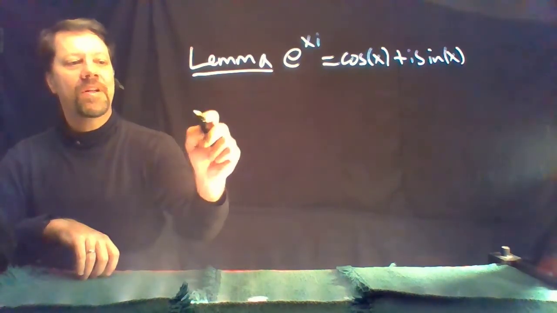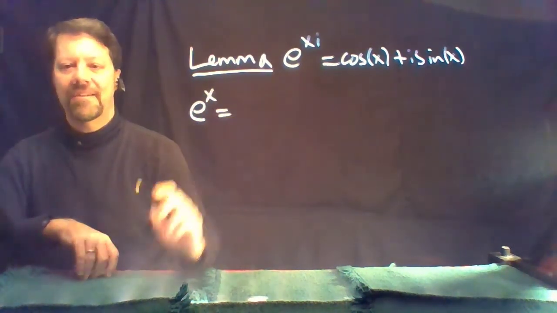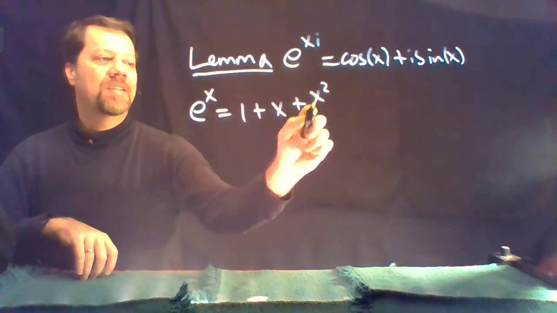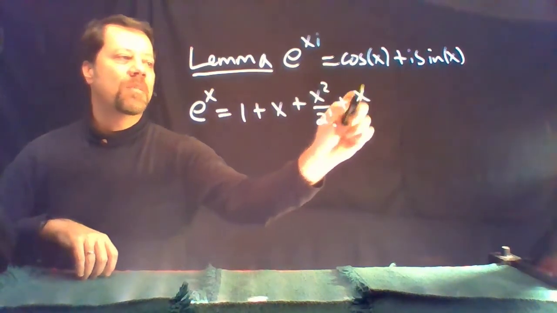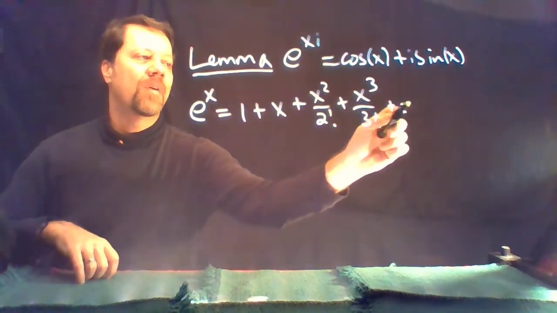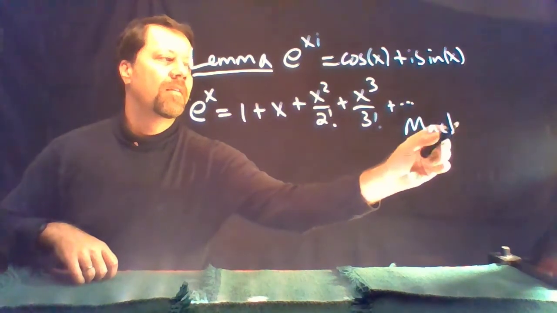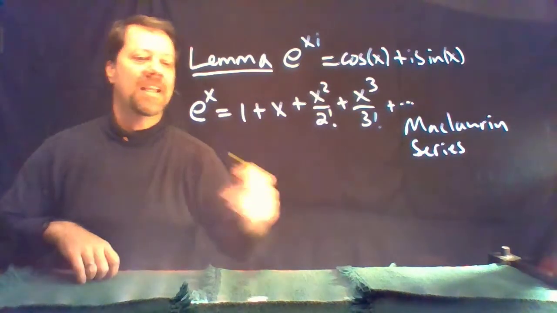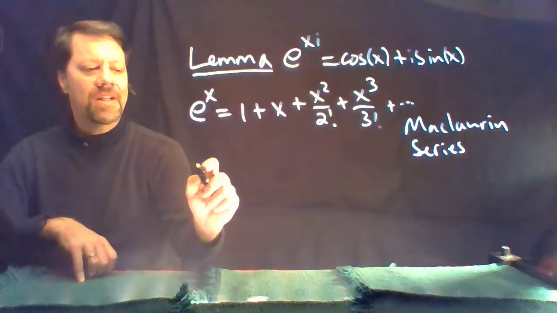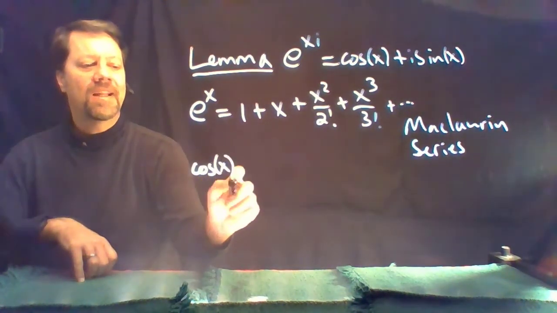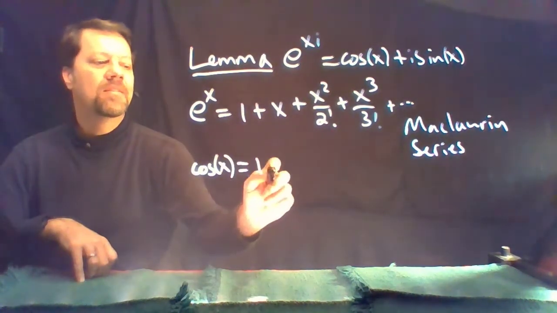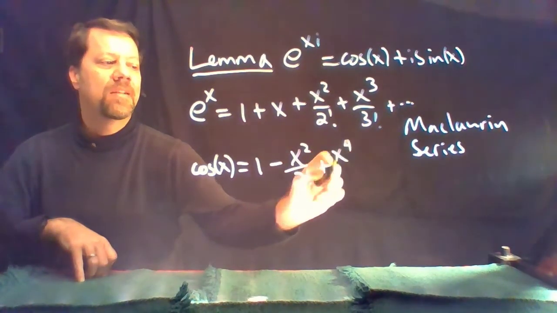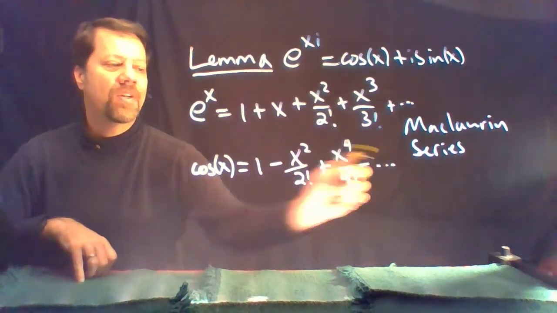To prove this, I'm going to use the Maclaurin series. e to the x is 1 plus x plus x squared over 2 factorial plus x cubed over 3 factorial, and so on. This is the Maclaurin series for e to the x. You might also need to know that cosine x is 1 minus x squared over 2 factorial plus x to the 4th over 4 factorial, and so on.